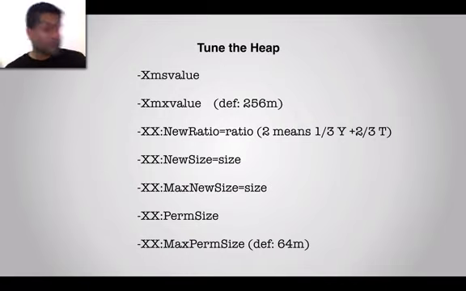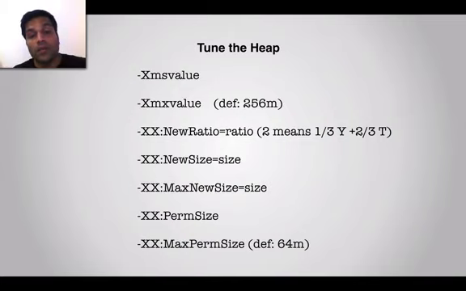Suppose your young generation is very small, there will be a lot of minor GC collections, but it's okay if your application is not holding on to a lot of objects. If objects are created and kind of discarded, it's okay to have a very small young space.